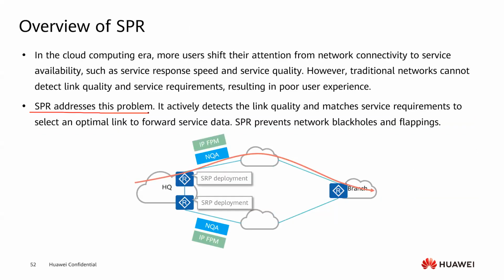Yes, smart policy route. Use this one, you can change the path. You can change the route. You can change where I should go. But IPFPM is just to detect more accurately.